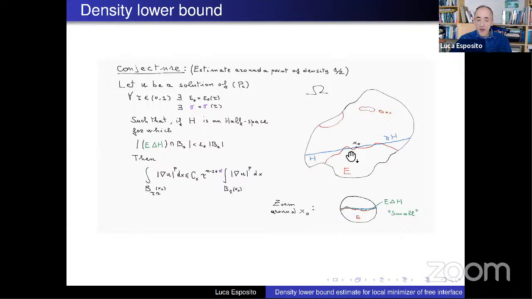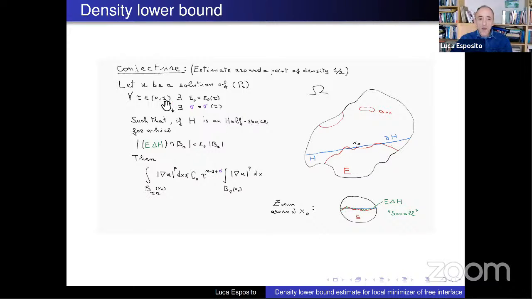What happens around a point with density exactly 1/2? If I take a point that is in the reduced boundary, around it the boundary is almost flat. When you zoom around this point, the symmetric difference between some half-space and the set E is small.